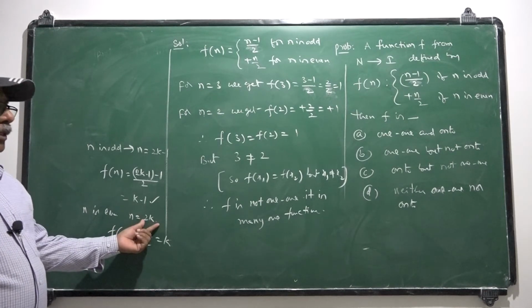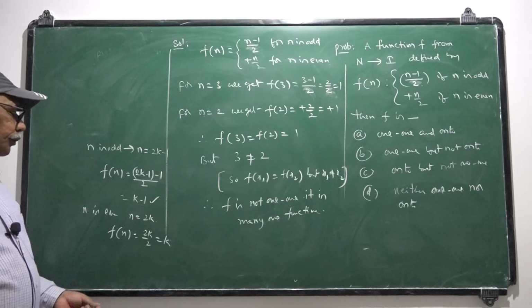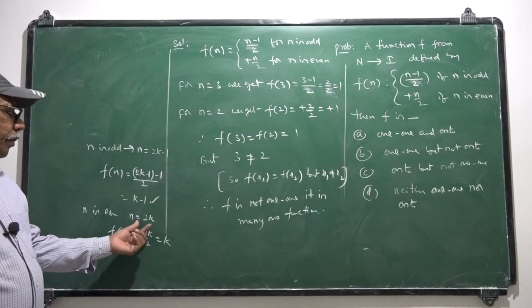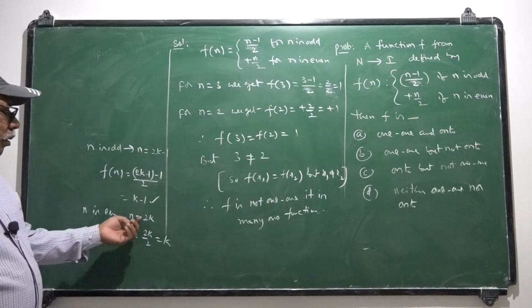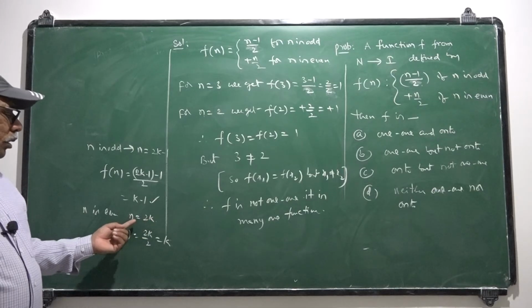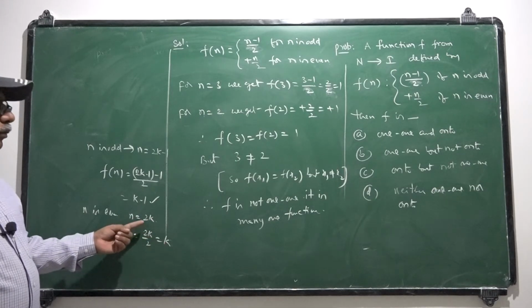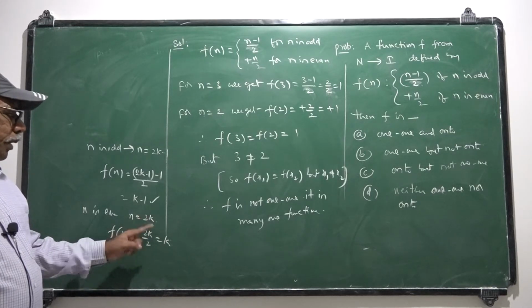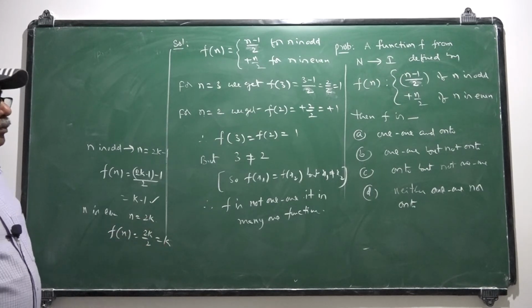Once k is an integer, 2k is an even number. If k is an odd number, even number maps to odd number.